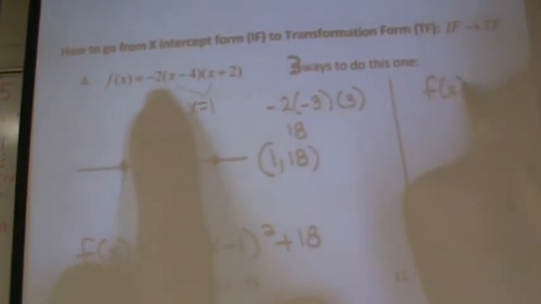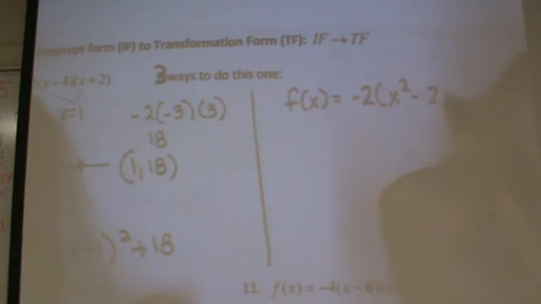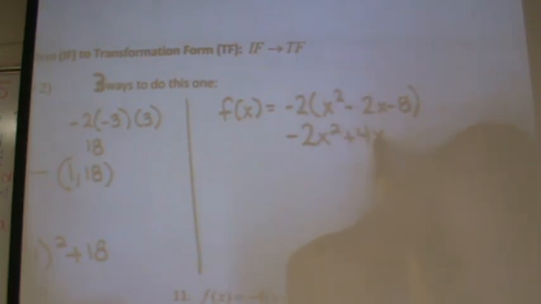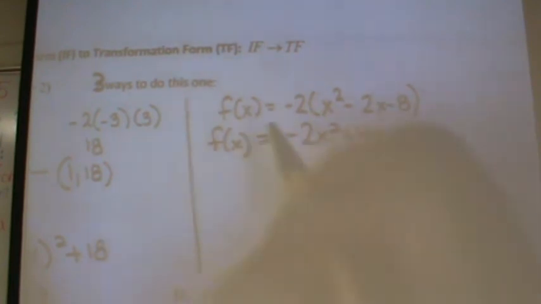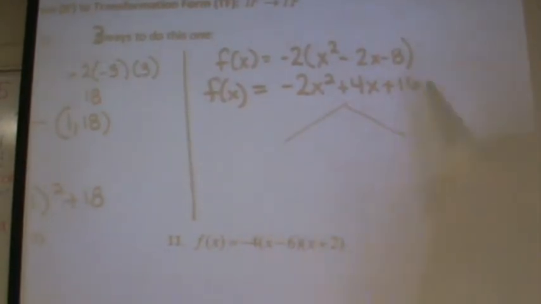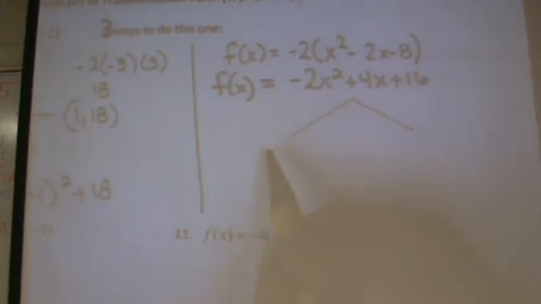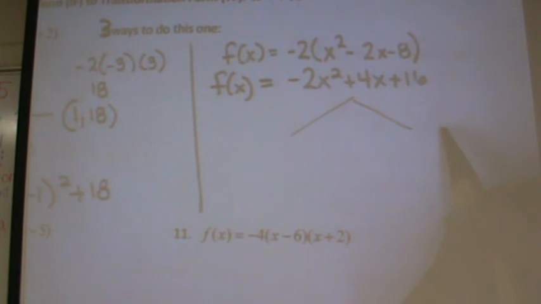So f of x, if I do it in steps, would be -2 times x squared minus 2x minus 8, distribute the -2, and then from here, how would I find the vertex? Well, I could complete the square, or I could do x equals -b over 2a.